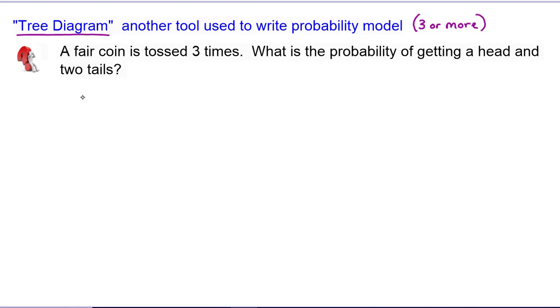Okay, so if I have a fair coin, here's my first time that I draw it. And here's my second time. And we're going to draw it 3 times. All right. So the first time I could draw heads or I could draw tails.